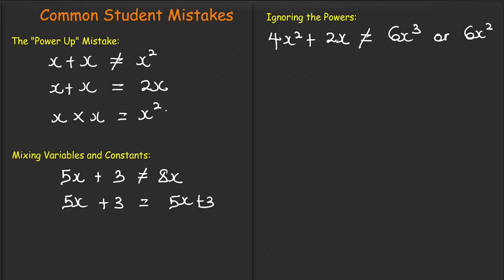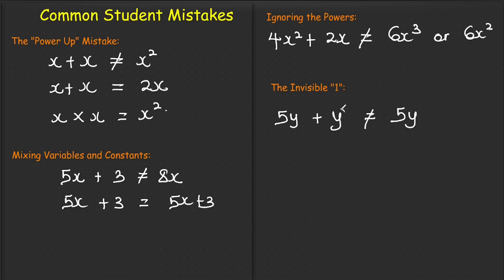One last mistake that is mostly seen among students is the invisible one. They ignore the invisible one. What do I mean by they ignore the invisible one? If you have questions such as 5y plus y, they just say 5y plus y gives us 5y. This is totally wrong.